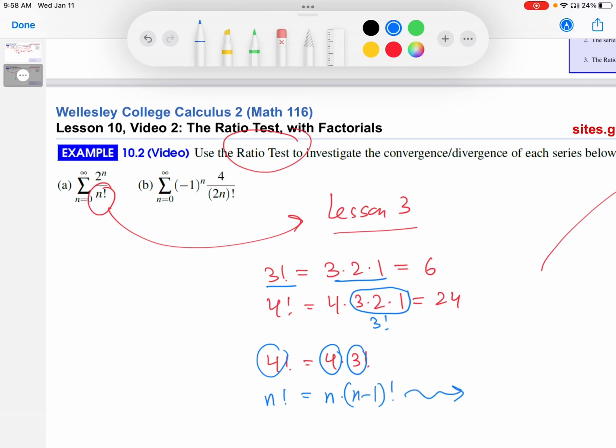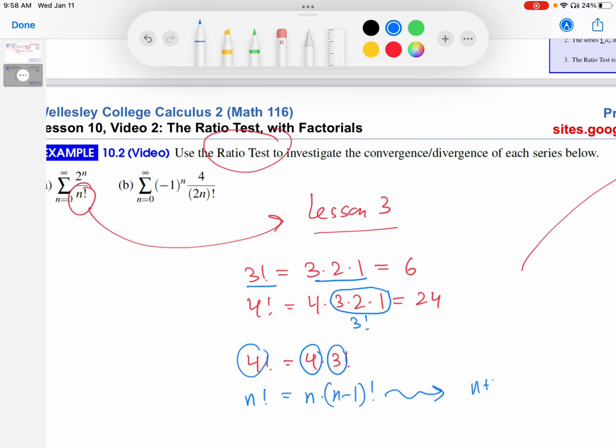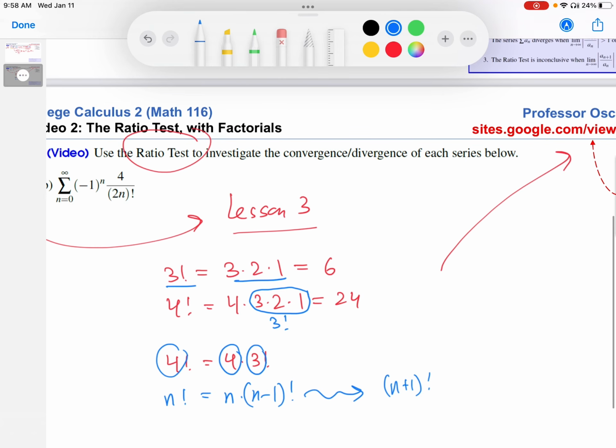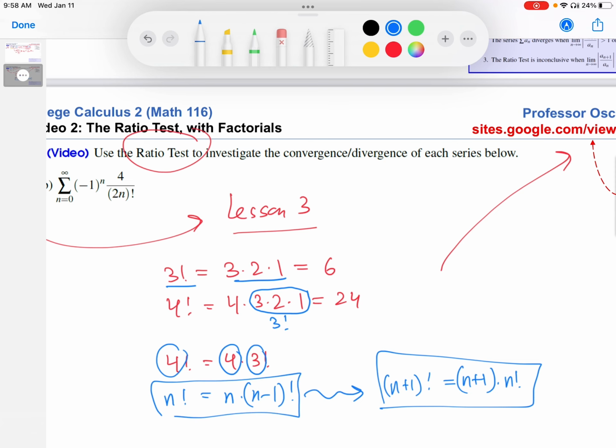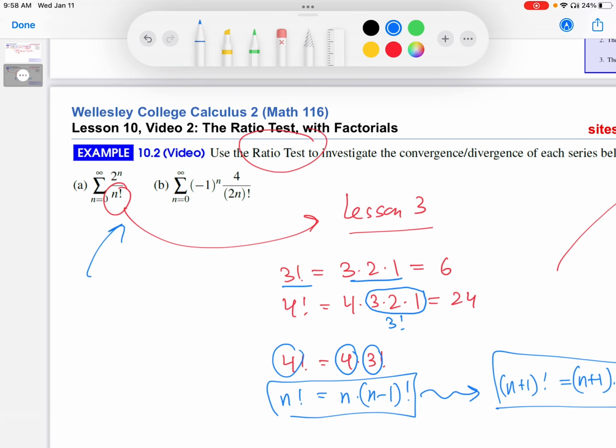We sometimes see this in its plus 1 form. So if I start with n plus 1 factorial, then it's that number n plus 1 times n factorial. This is a core property of factorials that we're going to use over and over again, especially when we start doing the ratio test in this video.